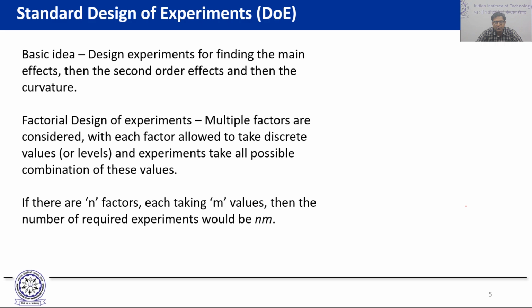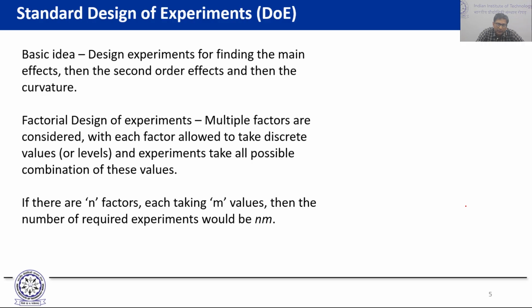And once you have the principal effects and the second order effects, you should be able to create a curve, or you should be able to create a surface that describes how the response to the experiment is going to come about.